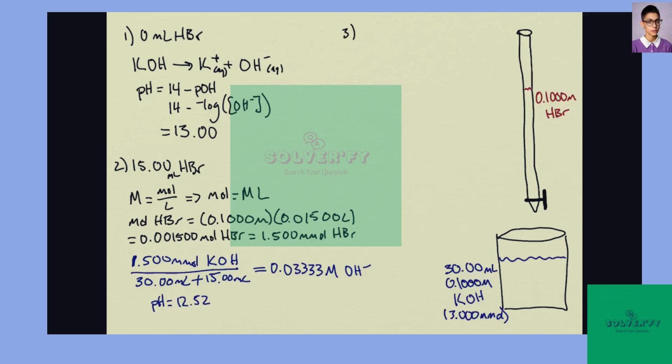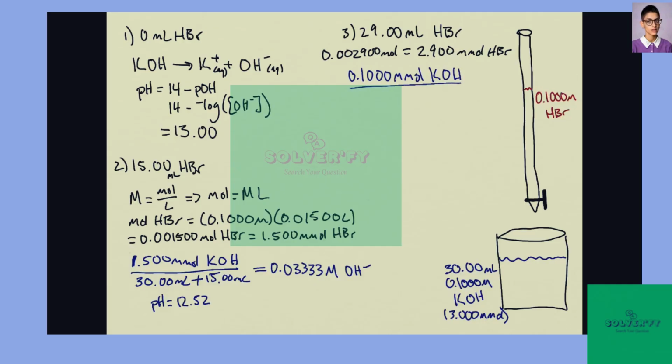Now let's look at this titration once we've added 29 milliliters of the HBr. Just like in the last part, we can solve for the number of moles of HBr, and we get 0.0029 moles, which is equal to 2.9 millimoles of HBr. And again, this will react completely with the KOH, and we will be left with 0.1 millimoles of KOH.